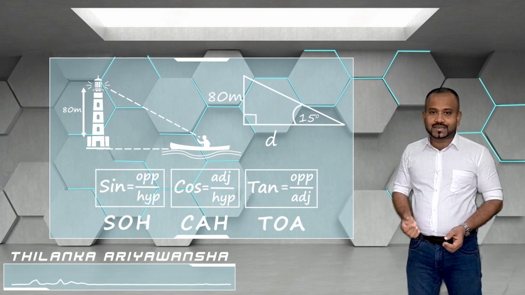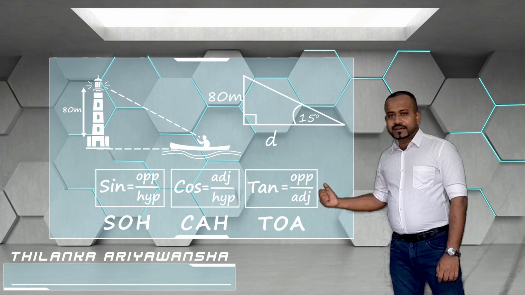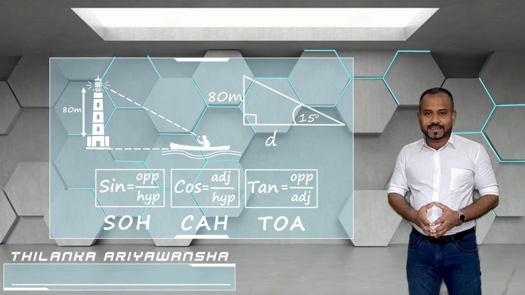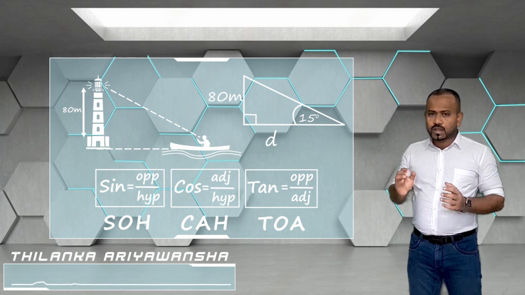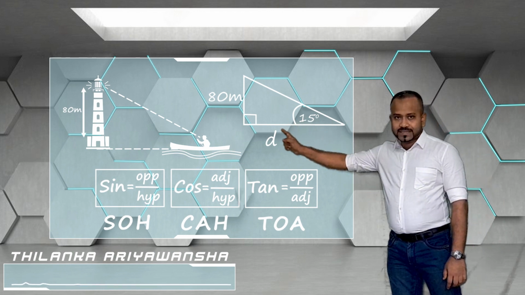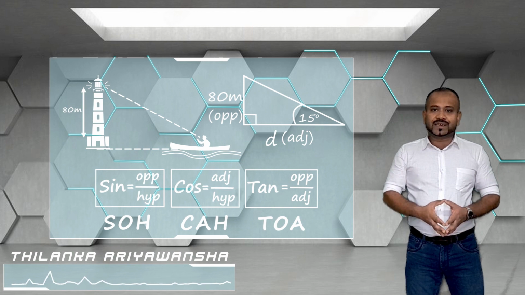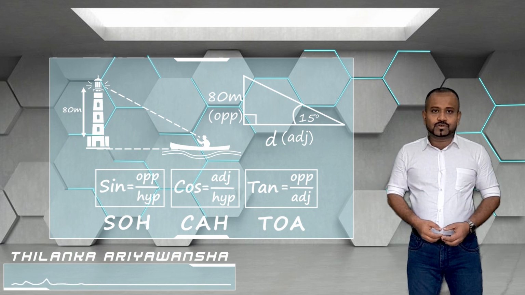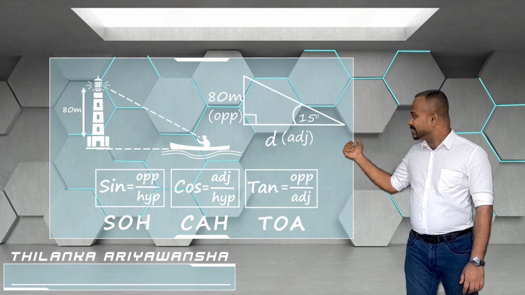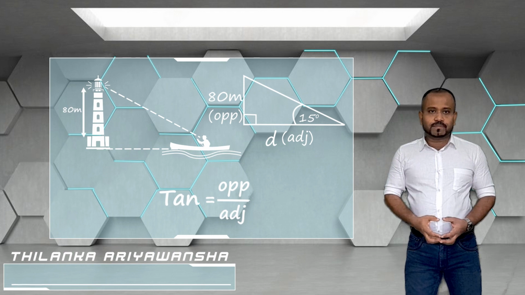We are going to find out the length between this lighthouse and this boat. That distance we have to calculate. So now here we have this angle, this is opposite, this is adjacent. Now what is the ratio which is matching with this? Here we have opposite, here we have adjacent, TOA. The tan ratio we have to apply.